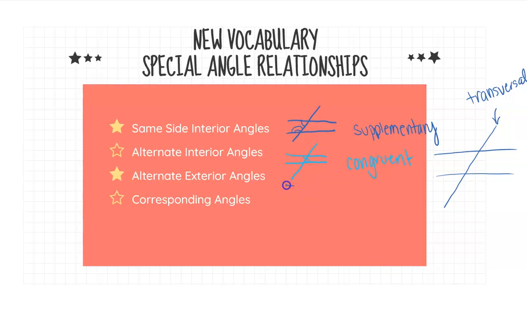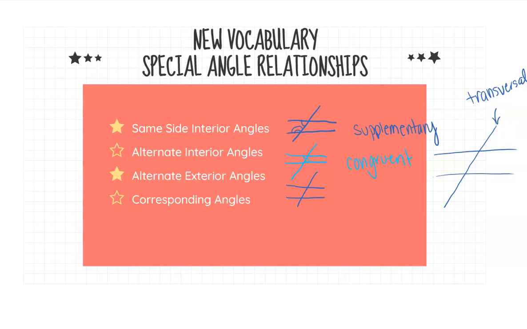Alternate exterior angles. All right, now we are going to be looking at angles that are on opposite sides of the transversal. However, now we are looking at angles outside of our two parallel lines.